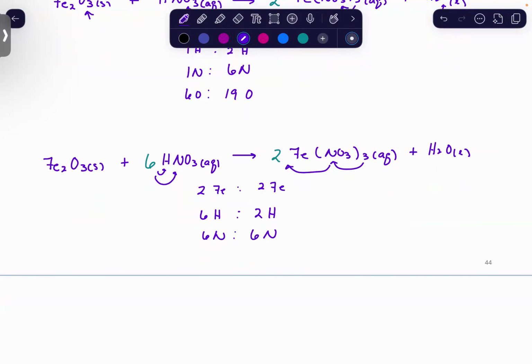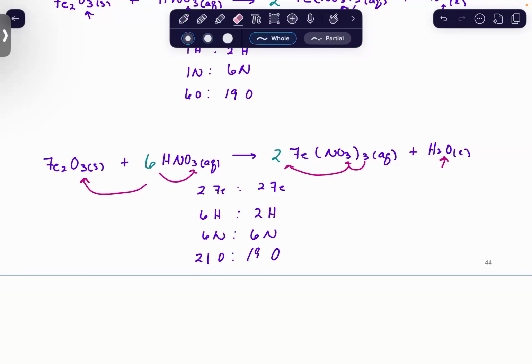Let's look at my oxygens. I have 6 times 3, that's 18, plus 3, that's going to be 21 oxygens on the left. And then on the right, I have 3 times 3, which is 9, times 2 is 18, plus 1, which is 19 oxygens. Okay, so I'm getting closer.